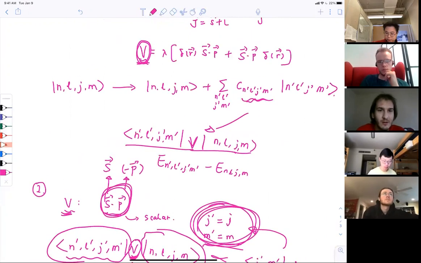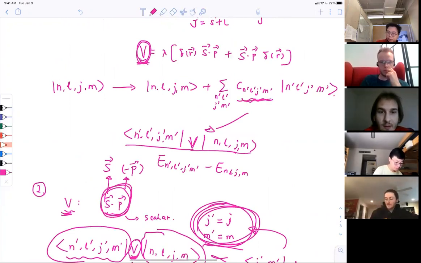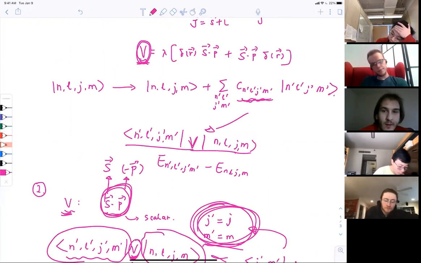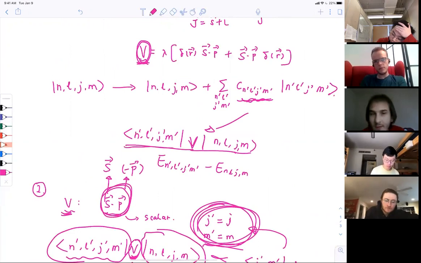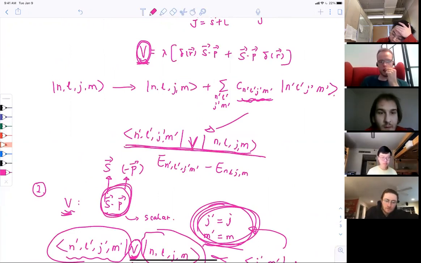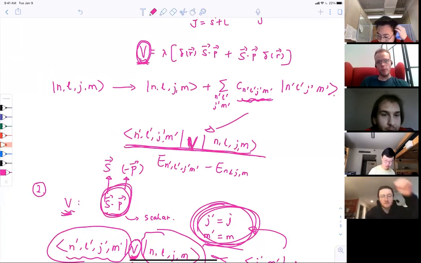Wait. So this is a first order perturbation, right? Yeah. So the coefficients are given by this expression, and so what do you mean by, can you ask your question again?